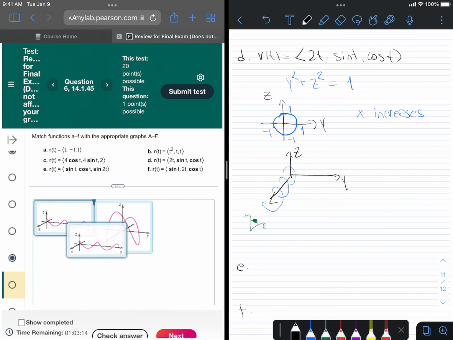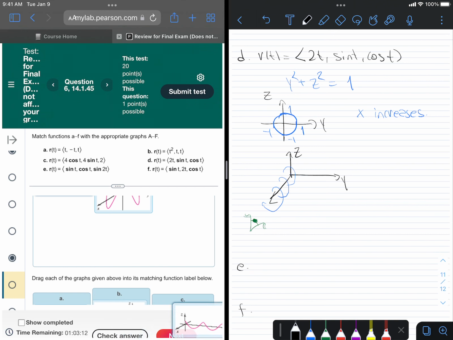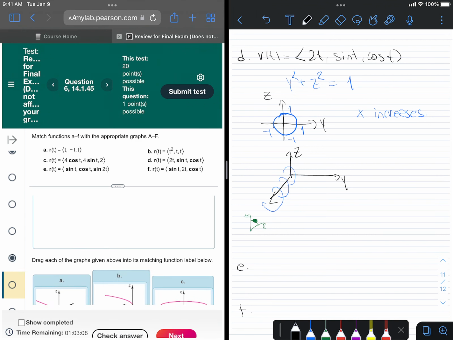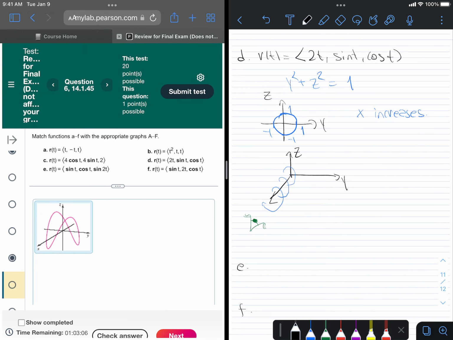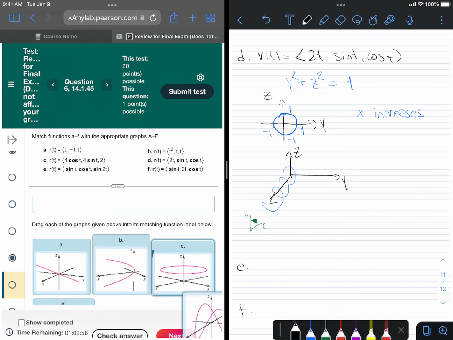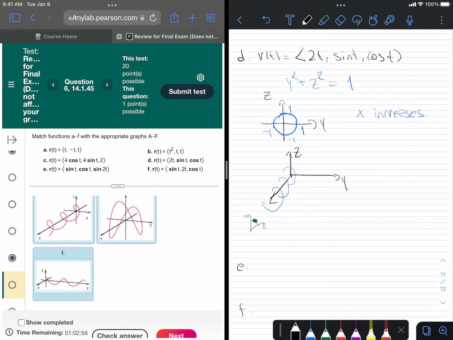So this first graph here is F, and then E is this one, because all x, y, and z are bounded functions on E. So it's got to be this one. The sine and the cosine are all between -1 and 1, whereas the y coordinate of F is 2t, which grows forever up.